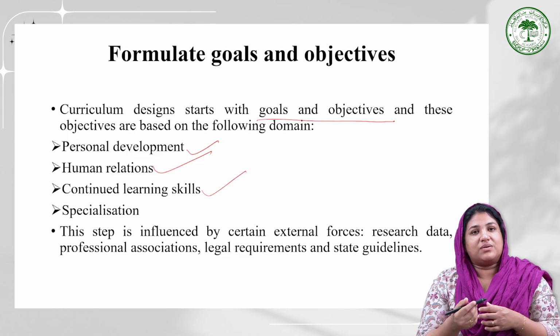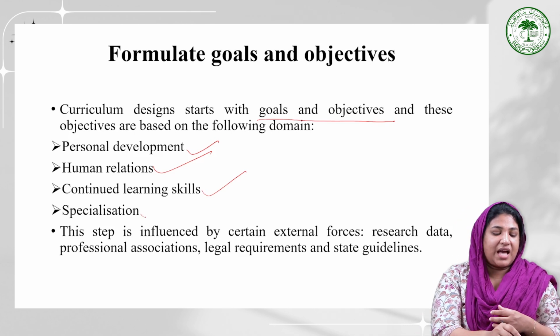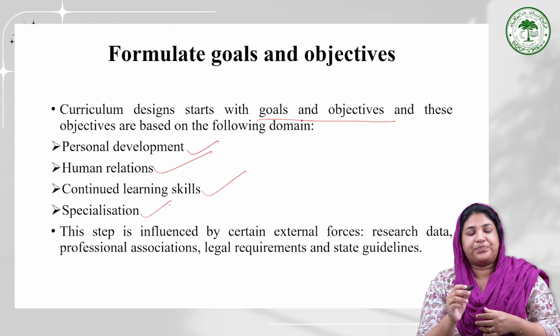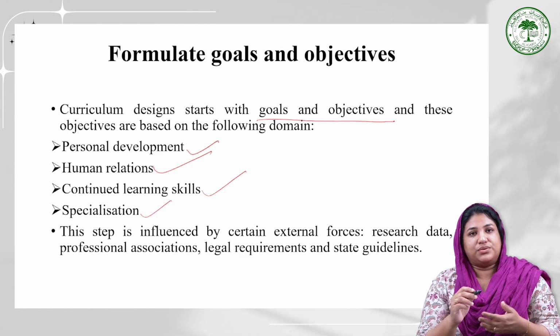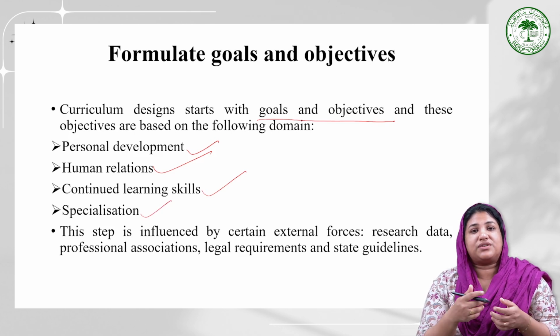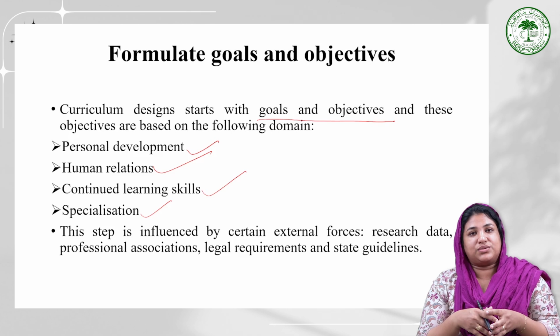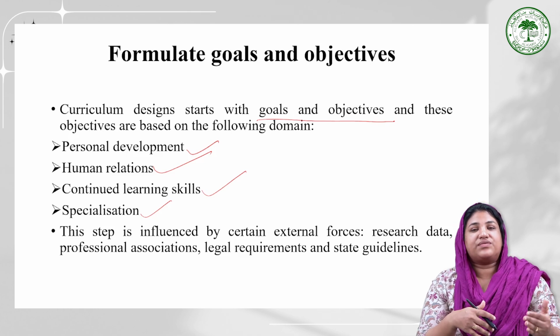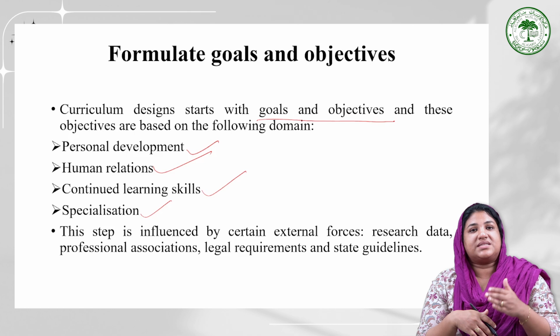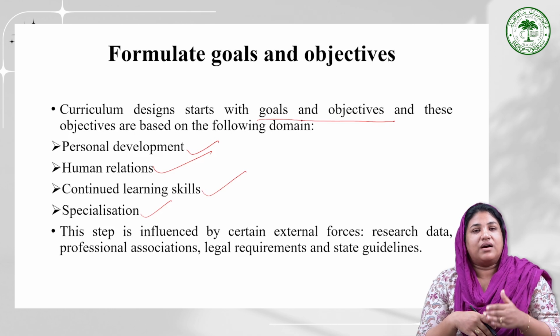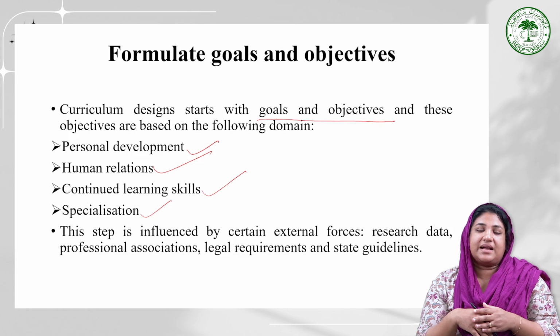So here the curriculum should give importance to skill development, and also specialization according to the aptitudes and aspirations of the students. We can also give broad electives or broad specializations to the students. So these four domains are being stressed in setting the goals and objectives as far as the Saylor and Alexander model is concerned.